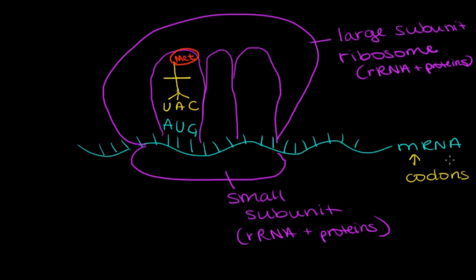The tRNA carries the amino acid, and the rRNA makes up the ribosome. What color haven't I used? This one. rRNA makes up the ribosome. Okay. And then the ribosome will actually make the protein.